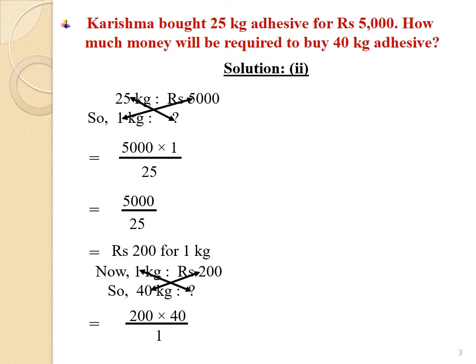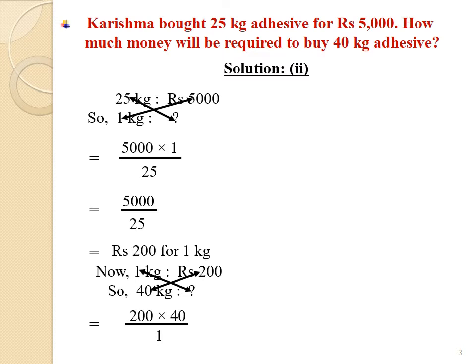Students, now we have to multiply 200 by 40 and we have to keep denominator 1 as it is. Students, in order to multiply 200 by 40 mentally, we have to put 3 zeros at the end. That is, in ones place, tens place and hundreds place, as there are 3 zeros in the product and we have to multiply the remaining digits.